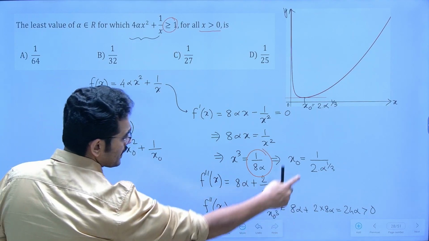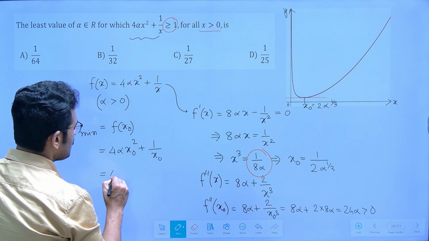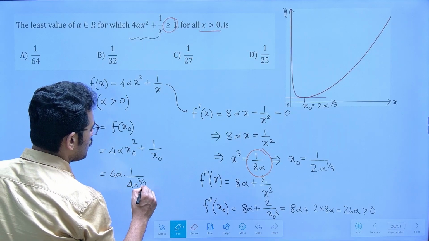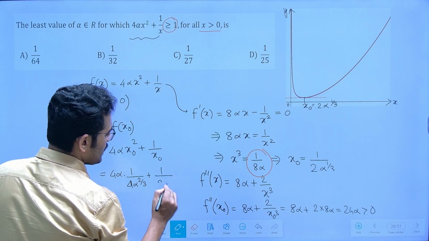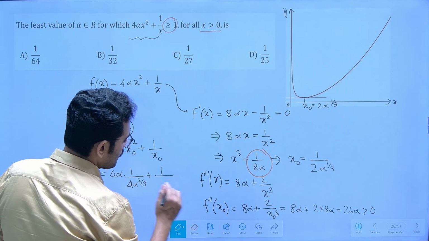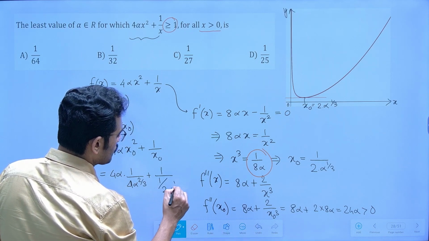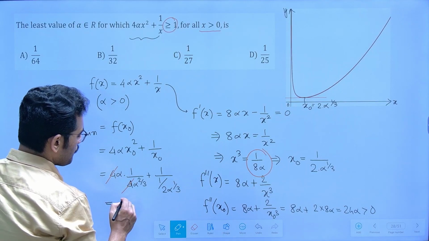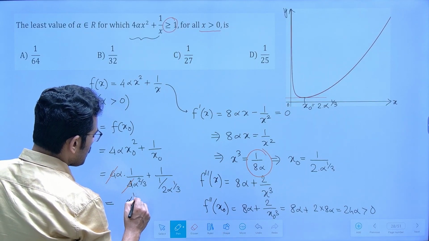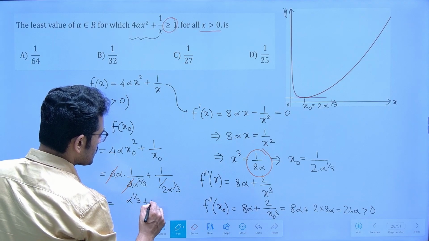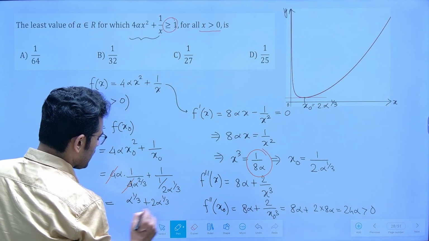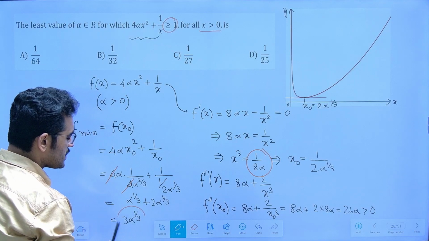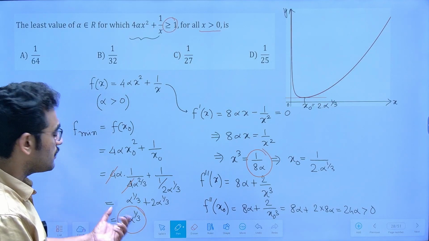So if I substitute the x naught value here, then it will be 4 alpha into 1 by 4 alpha to the power 2 by 3 plus 1 by x naught, that is 1 by 2 alpha to the power 1 by 3. So if you simplify, it is going to be alpha to the power 1 by 3 plus 2 alpha to the power 1 by 3, that is 3 into alpha to the power 1 by 3. So this is the global minimum value of the function.